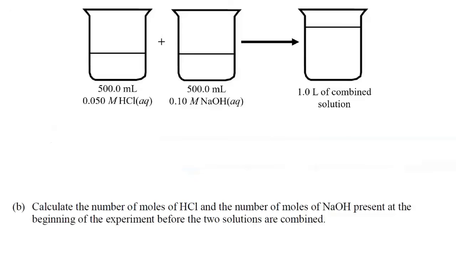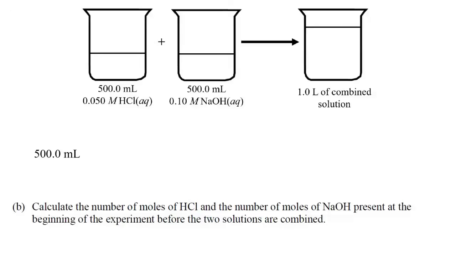All right, moving on to part B. Let's convert volume and molarity into moles. It says calculate the number of moles of HCl and the number of moles of sodium hydroxide, NaOH, that are present in the beginning of the experiment before the two solutions are combined. So volume times molarity equals moles.